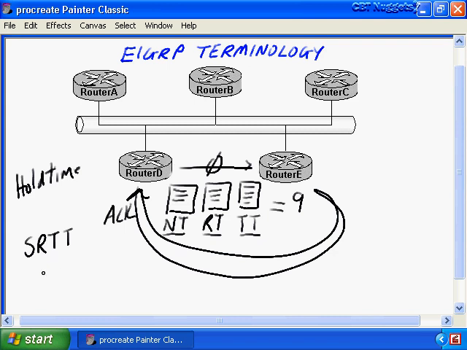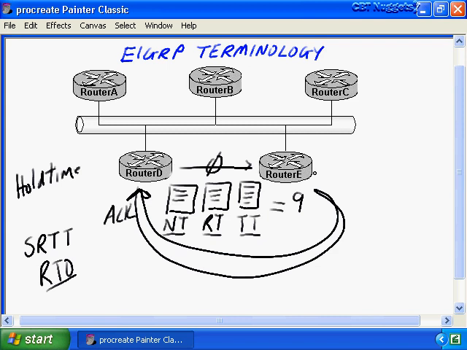There's also another value called the RTO. The RTO is the retransmission timeout. This is the amount of time that an EIGRP router is going to wait before it retransmits to a neighbor. So a couple of values there: SRTT, smooth round trip time, and RTO, retransmission timeout.